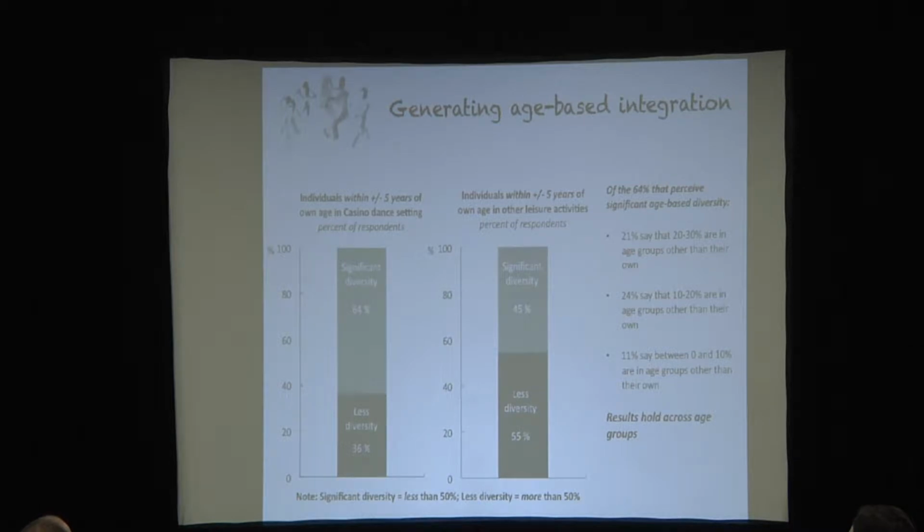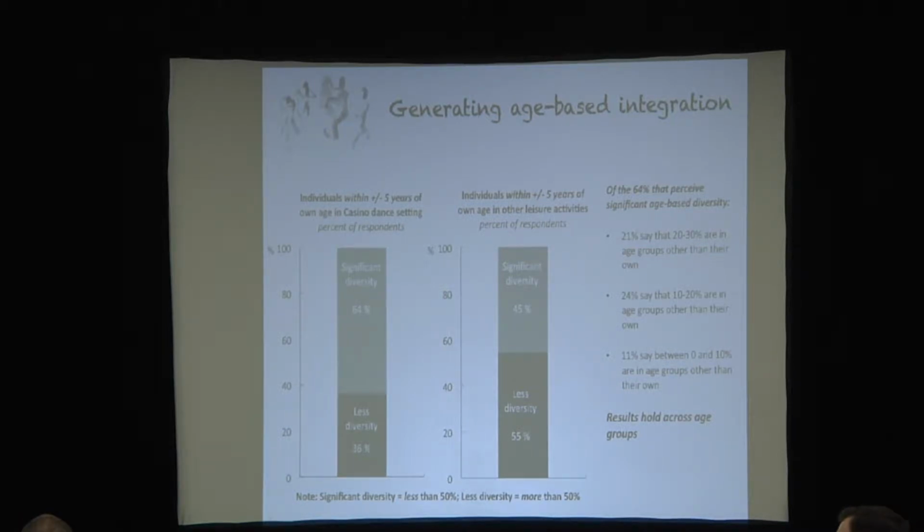And then lastly, I wanted to talk about the age-based integration. In the same sense that dancers were asked about racial integration in terms of their perception, here they were asked about how they perceive individuals of different age groups in their dance setting. So significant diversity here means that more than half of the dancers in their setting are of age groups other than their own, so either 5 years or more older or 5 years or more younger.